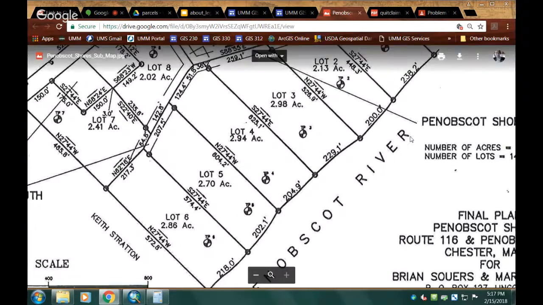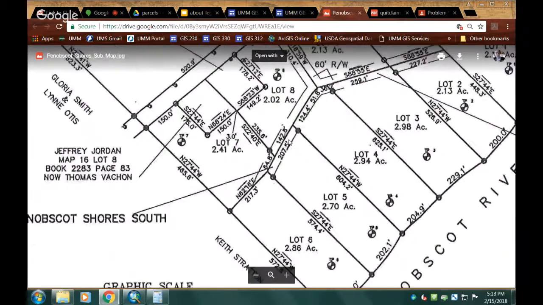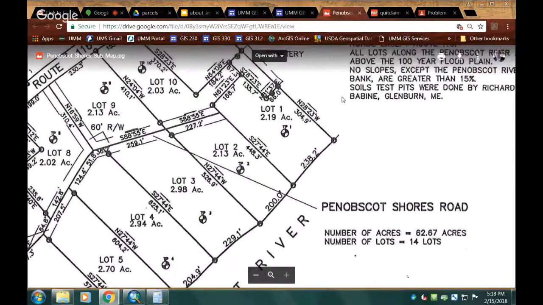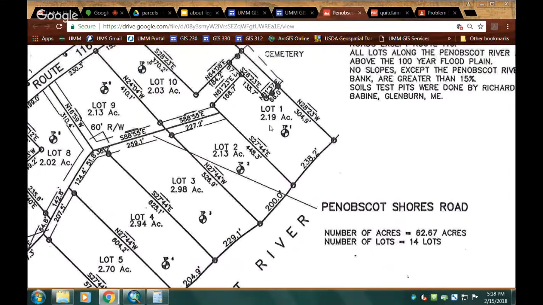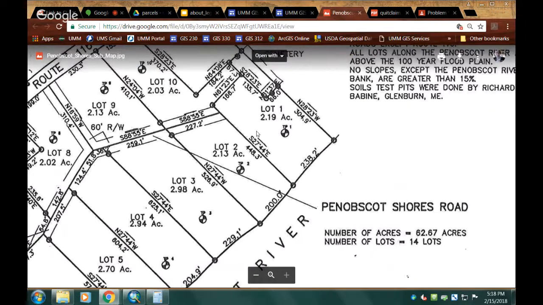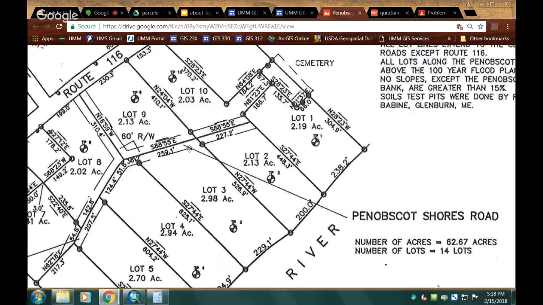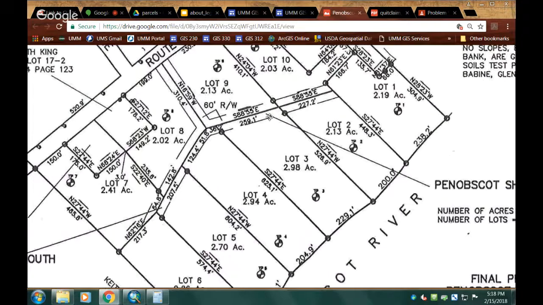It's easy to draw these out when you go to use it on ArcGIS. Notice too that each one of these has a lot number. It's handy if they calculate the size of the acreage. When you're digitizing, that's really handy because you can calculate the acreage of a parcel that you make and see if it matches. It should be in the ballpark, right? If I were to digitize this lot and then find that it was 1 acre, I know something's wrong. And so that's important as well.